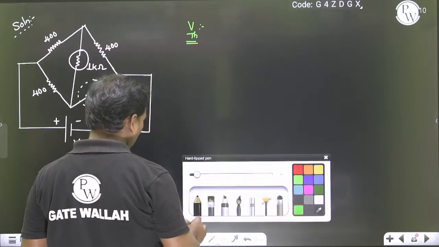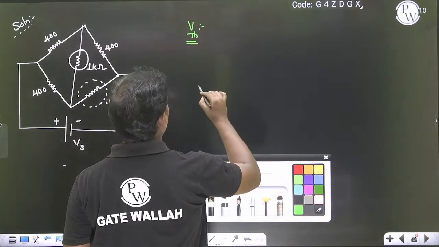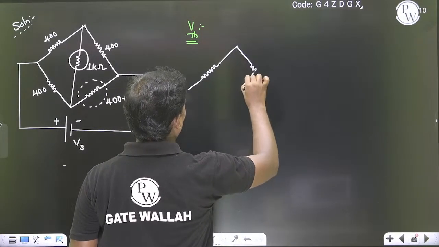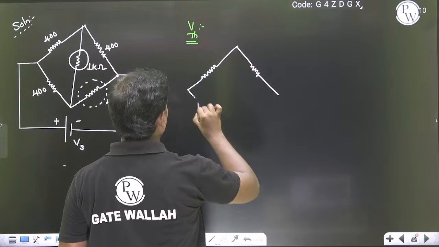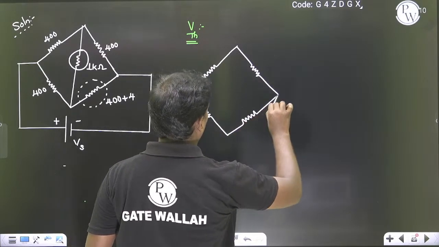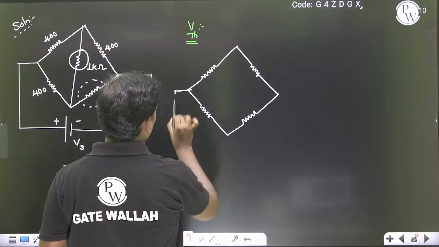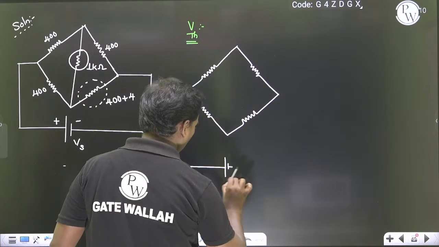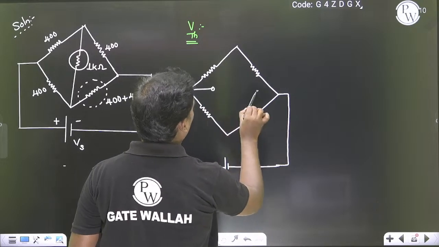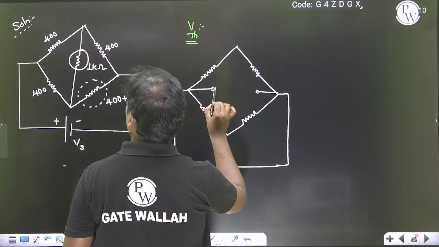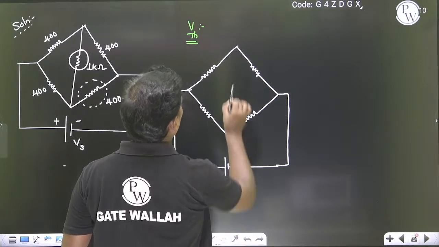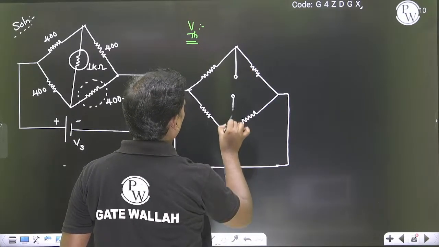So we have to open this bridge circuit. This is 400, this is 400, this is 404. So now if you open the circuit like this.